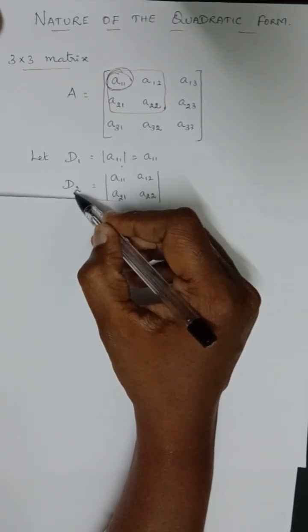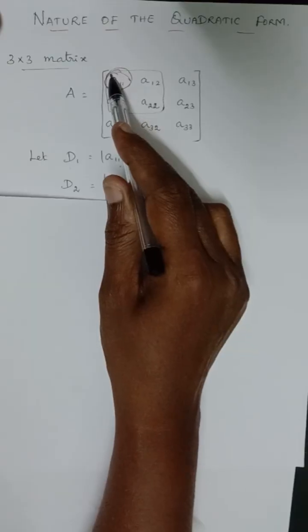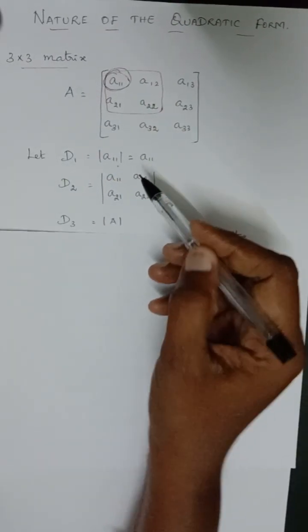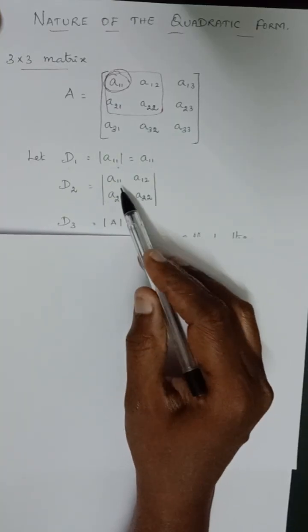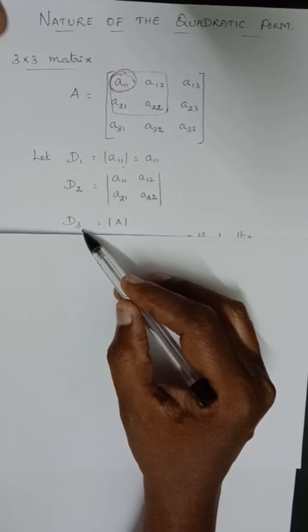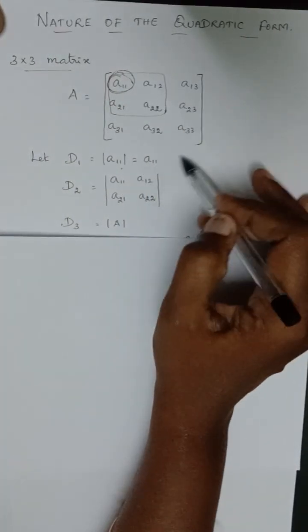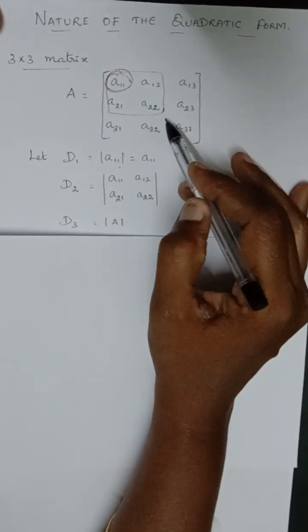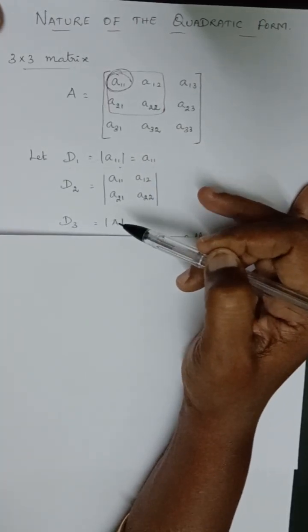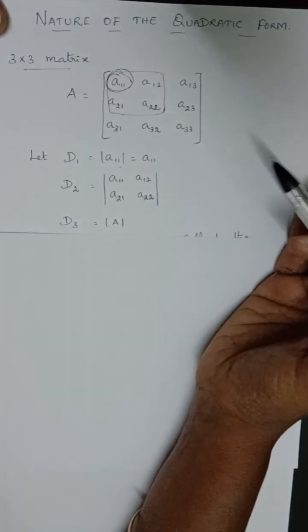D2 is the determinant of the first 2 by 2 matrix. And D3 is the whole determinant, the determinant of the given matrix. So D1, D2, D3 are called the principal minors of the given matrix.